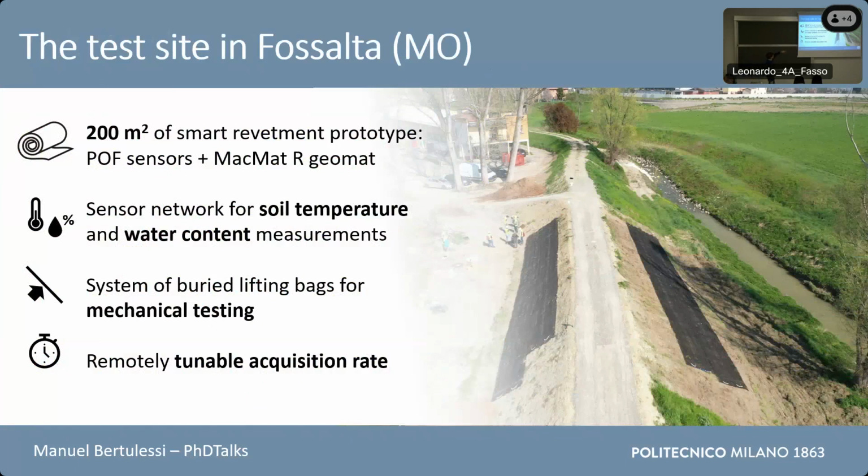With Padua, we implemented this solicitation system on site, made with these lifting bags that are buried landside under the smart revetments, and all the systems, so all the sensor network, can be remotely tuned as regards the acquisition rate.